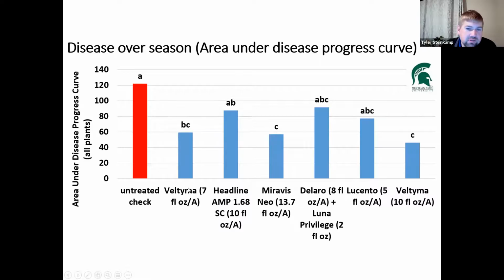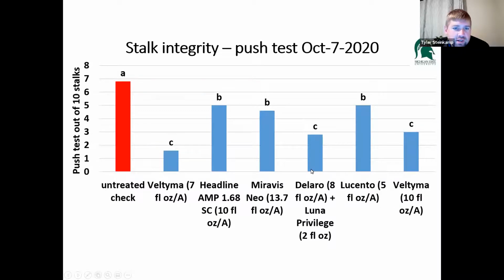Actually, it performed the same as the Veltima at 7 fluid ounces. At the 10 fluid ounces for Veltima and for Miravis Neo, those two fungicides did statistically outperform it. Okay, here's one on stalk integrity. You can see where that one lies.